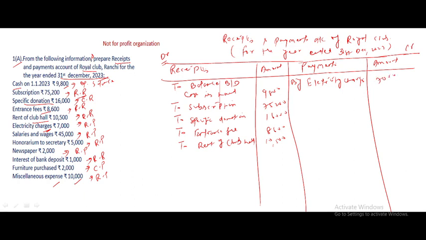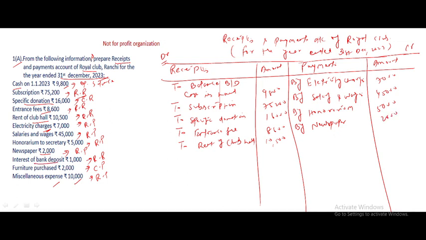Now salary and wages payment recorded on the credit side, by salary and wages. Amount is 45,000. Honorarium to secretary, this is a payment recorded on the credit side, by honorarium, 5,000. Newspaper, we purchased newspaper and paid 2,000. This is payment by newspaper. Amount is 2,000.